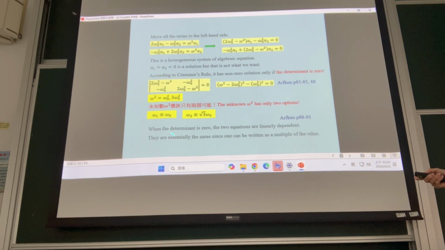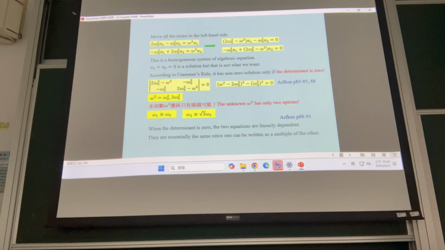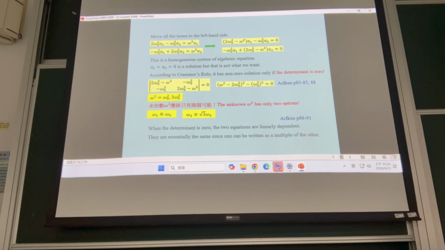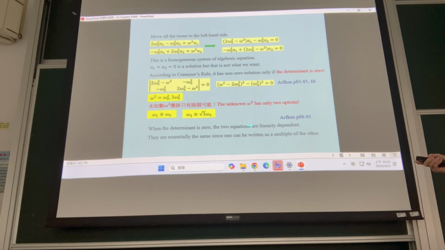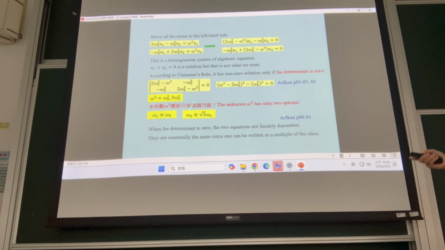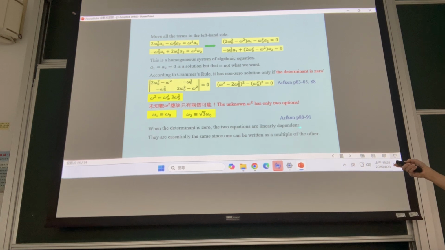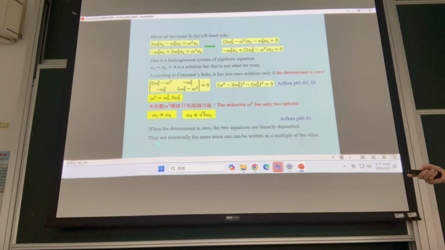now with omega solved, I can go ahead to solve A1 and A2. It turns out A1 and A2 have some freedom, but their ratio has to be the same. And mathematically, it is because when the determinant is equal to 0, these two equations are linearly dependent, 线性相关.